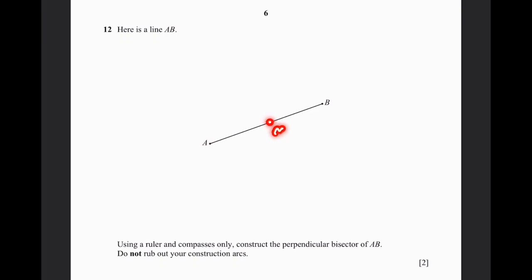So let's say this is the midpoint of the line. That means the length of the compass should be greater than this length over here between the arrows, between A and the midpoint. And then once you've got the length, draw an arc above and below the line like I've done here from point A. And do the same thing for point B. Put the compass needle there and draw these two arcs without changing the length of the compass.